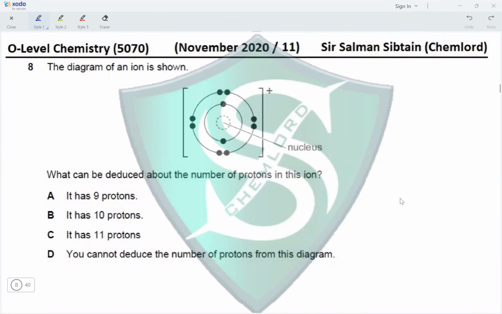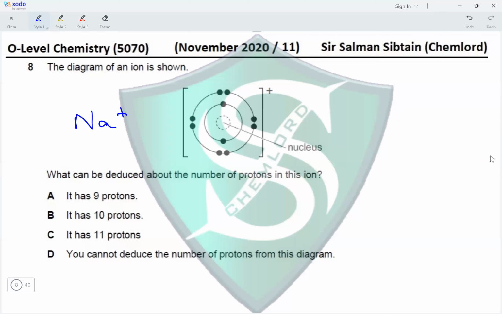Question 8. The diagram of an ion is shown. Okay, so this is a positive ion which has 2, 4, 6, 8, and 10 electrons remaining, and it has lost 1 electron. So 11 electrons. So looking at the periodic table, this particular diagram represents Na+ ion because the proton number of sodium is 11, and this particular ion had 11 electrons before one was lost.